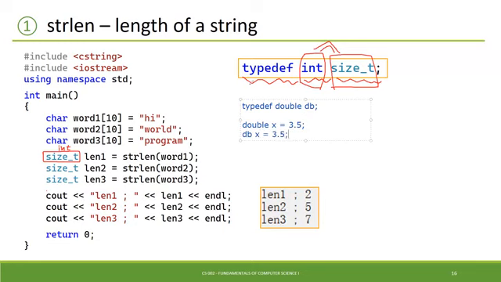This means that I want to use this name, db, instead of double. This is a redefinition of the name of a type. After that, you may use double x or you may use db x. Okay.